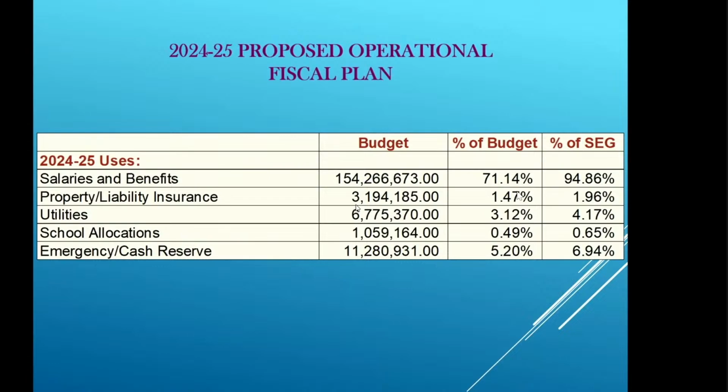We have property and liability insurance, utilities, school allocations, and then the emergency cash reserve. The cash reserve per policy should be between 5 and 10%, and right now it is at 5.2%.